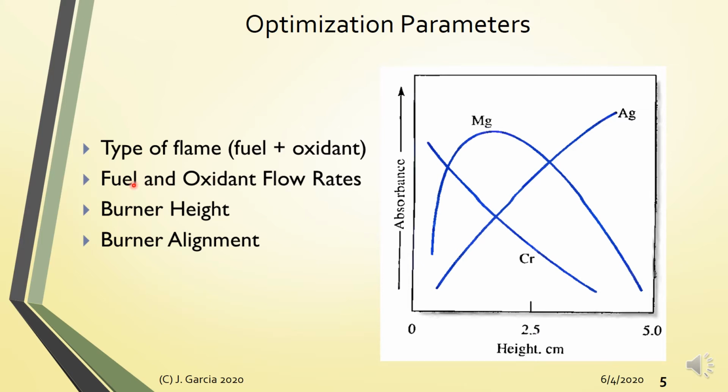Also, if your fuel and oxidant flow rates are too slow, then there is the danger of what you call a backfire. This happens when the flame, instead of bursting out of the burner head, ignites inside the premix chamber. So it's very dangerous.